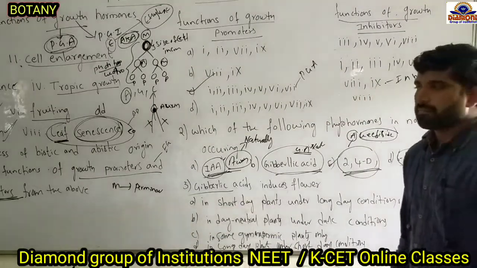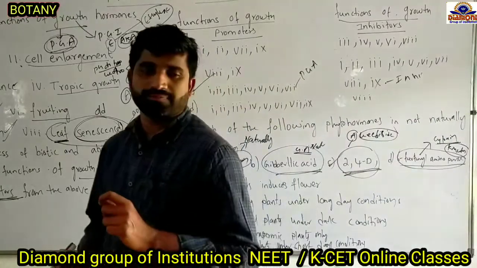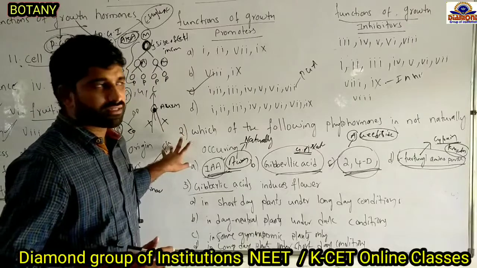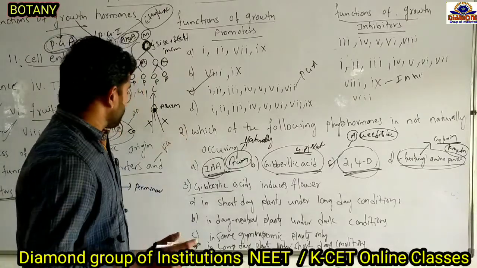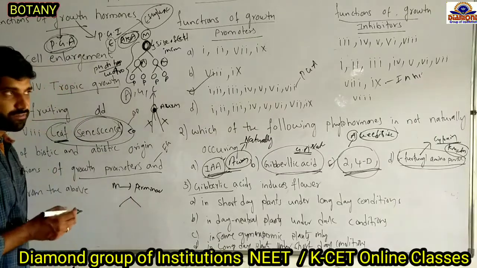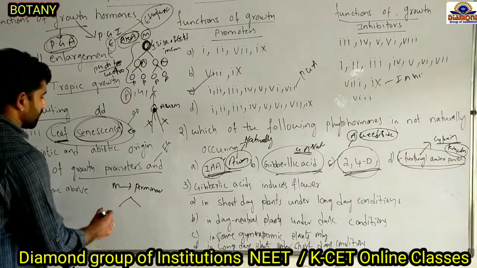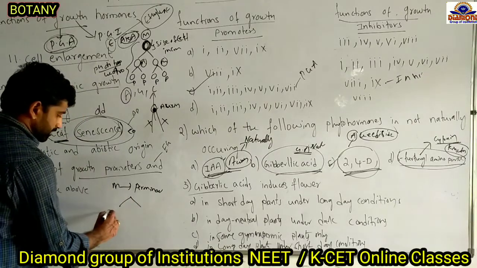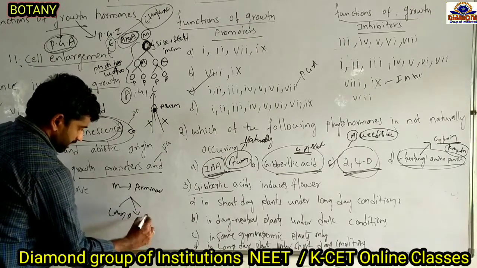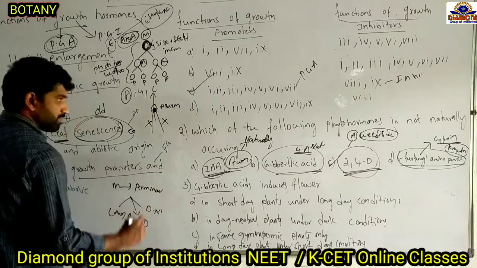So here, the production of flowers can depend upon the light and dark phases. Based upon the formation of flowers by the involvement of light and dark phase duration, plants are classified into three types: long day plants, short day plants, and day neutral plants.